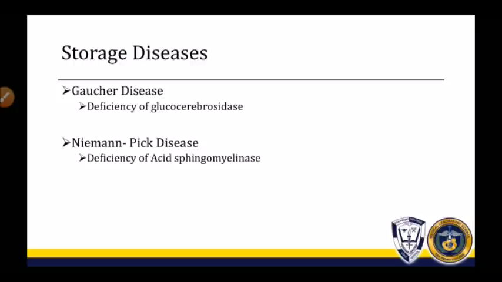Once unwanted substances accumulate in the liver, it will malfunction. What is the primary function of the liver? Protein synthesis. Therefore, protein synthesis is affected, and many proteins will be decreased in production.